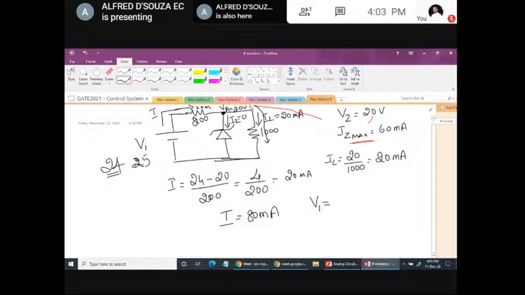That is the question now. This side it's always going to be 20 divided by the resistor, which is not going to change. So you solve this, you get VI equal to 36 volt. So that's how you get 36 volt.